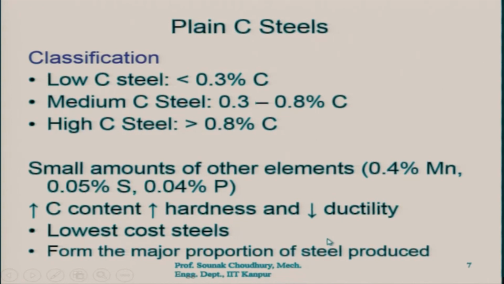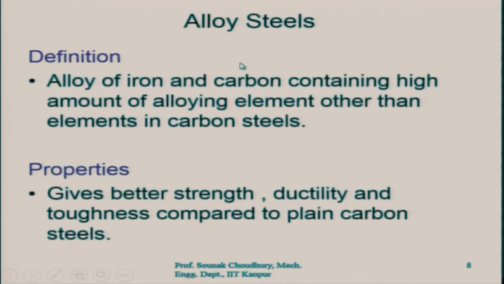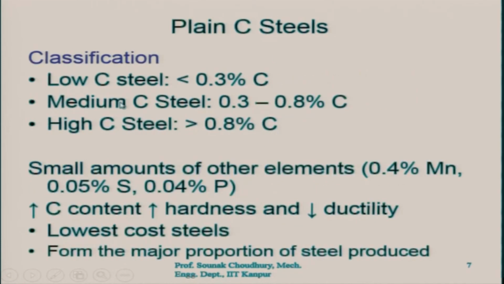Now, alloy steels, by definition, are alloys of iron and carbon containing a high amount of alloying elements other than those in carbon steel. In carbon steel we have seen alloying elements like manganese, sulfur and phosphorus.